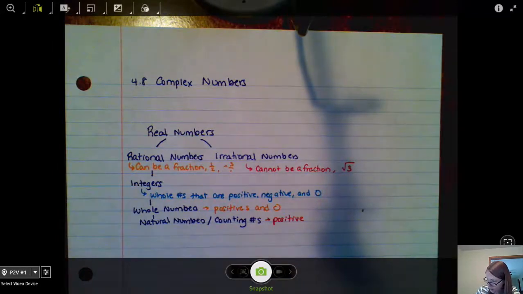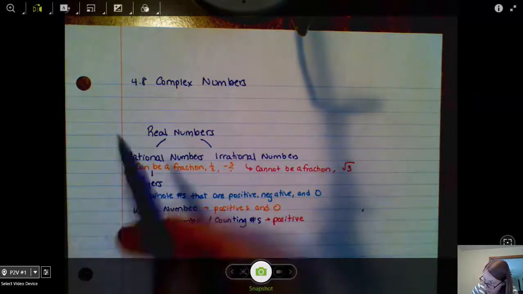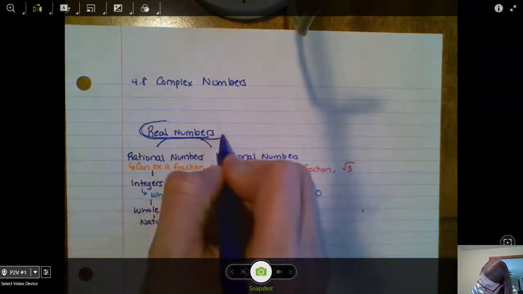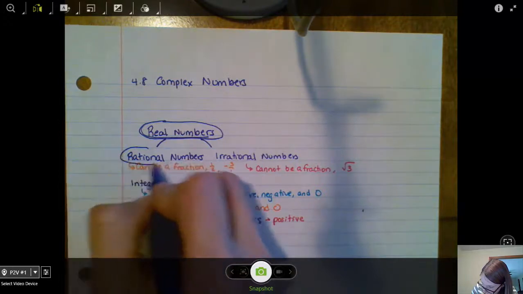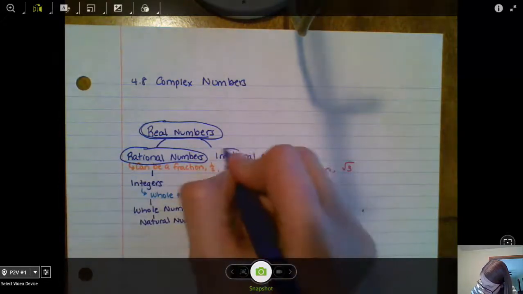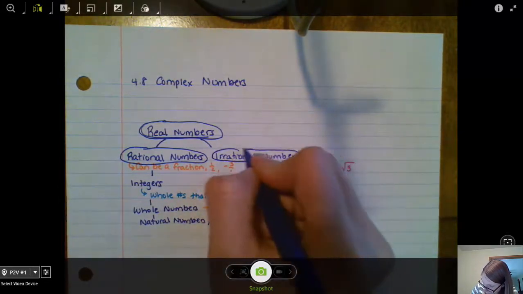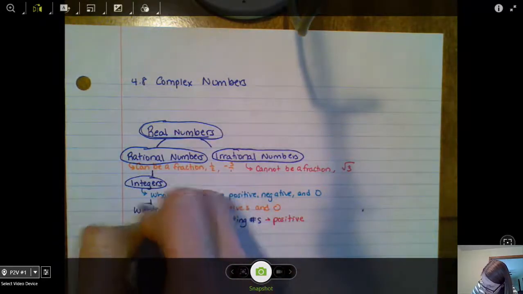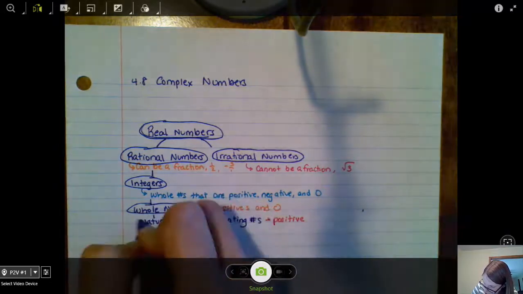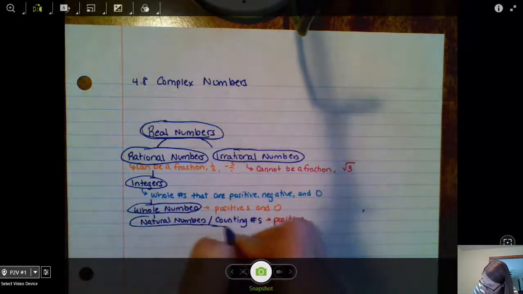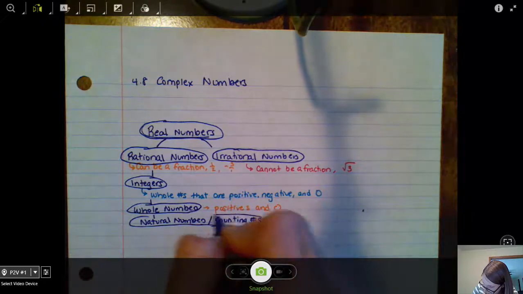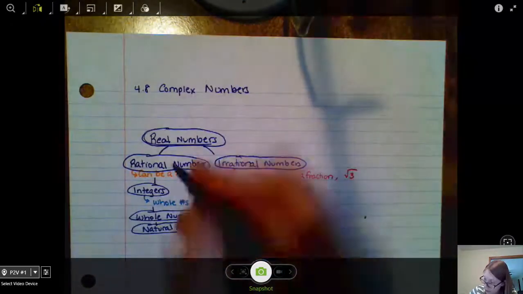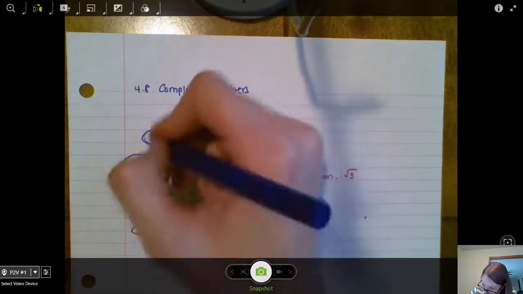Okay, so I'm going to go back and circle the sets of numbers. So there's real numbers. Our branch off of that was rational numbers, and then irrational numbers were on the same level of our tree, and then integers below, whole numbers, and then our natural counting numbers. Now all of these types of numbers fall under a big umbrella term.